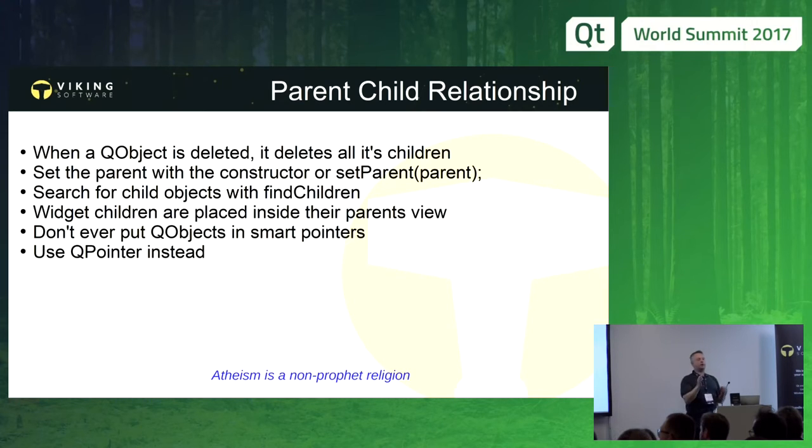What does it mean to have a shared pointer? Well, you know the answer that you're usually given. When you have an object in the smart pointer, then when all the instances of the smart pointer are gone, your object is deleted. And you can have weak pointers, but that doesn't really change the picture. A shared pointer, when you don't have any more of them, you will delete the object. So why is that bad when it comes to this?